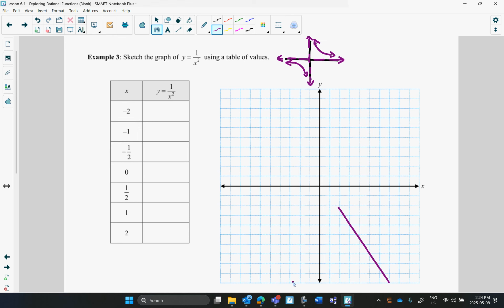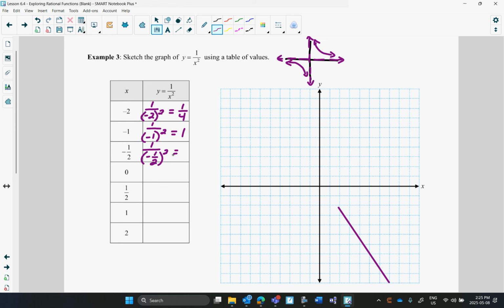So if x is -2, what is 1 over -2 all squared? 1/4. If x is -1, what is 1 over -1 all squared? 1. If x is -1/2, what is 1 over -1/2 all squared? -1/2 squared is 1/4, so it's 1 over 1/4.